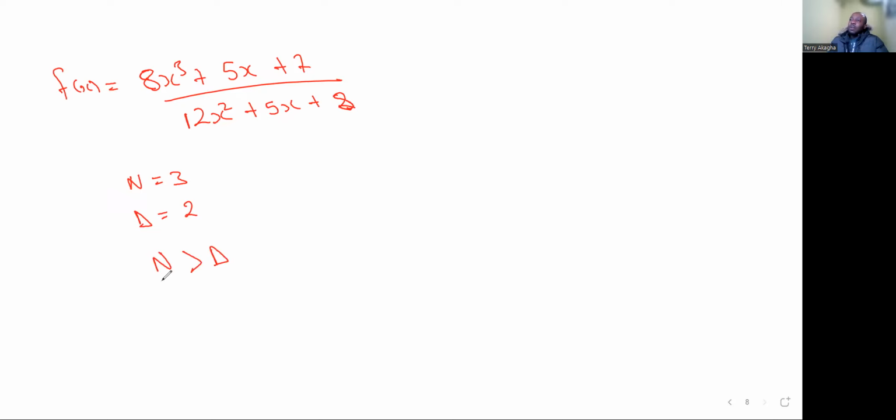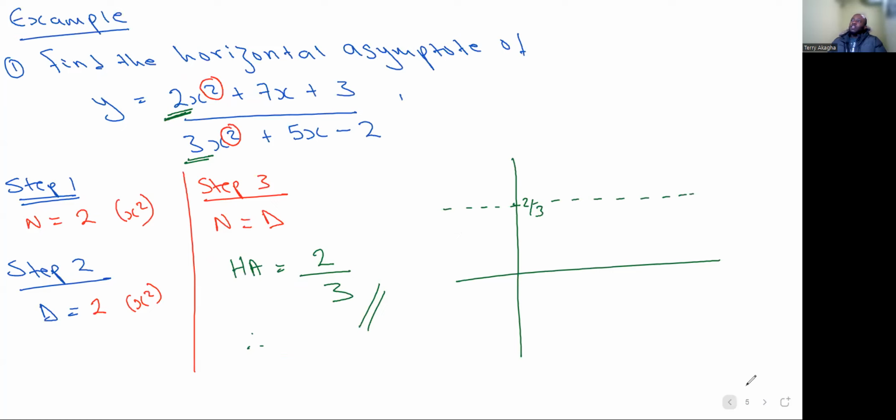So because n is greater than d, there will be no horizontal asymptote. For this particular rational function, there'll be no horizontal asymptote. And that'll bring me to the end of this section.